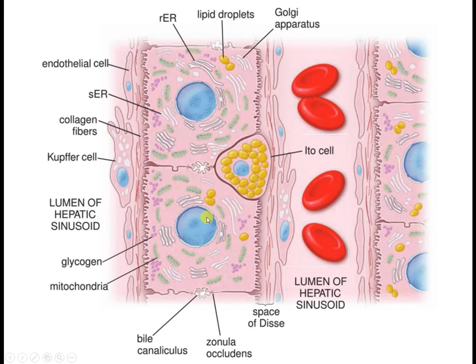Okay, and then what happens to carbohydrates? When carbohydrates enter here under the control of insulin, without insulin it doesn't work, but with the control of insulin, these carbohydrates form glycogen granules. These glycogen granules are collected here, collecting carbohydrates inside the cells.